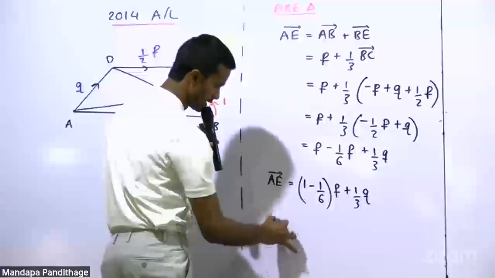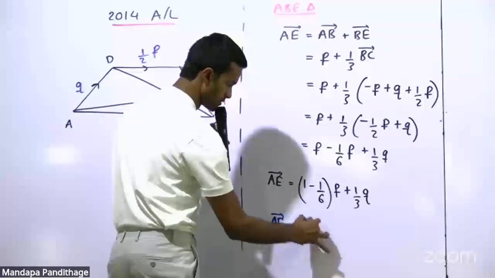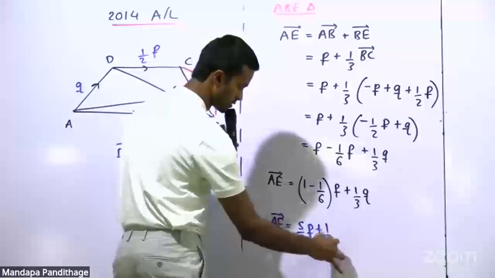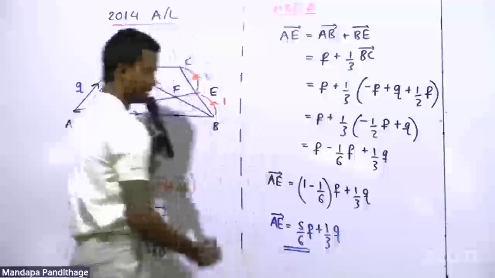Then I have the vector AE is equal to 5 over 6 P plus 1 over 3 Q. So I get this vector AE.